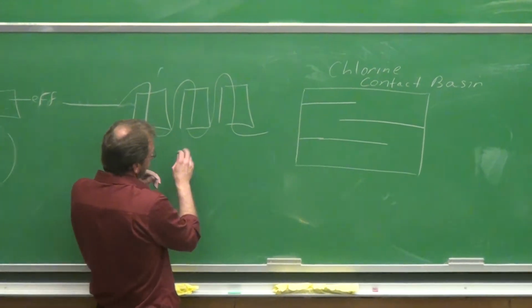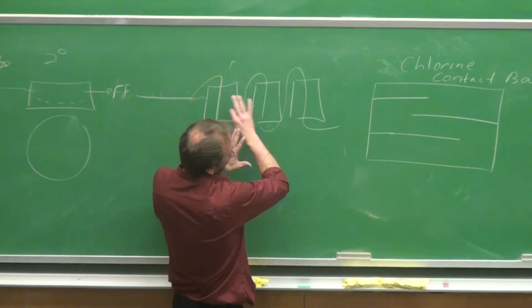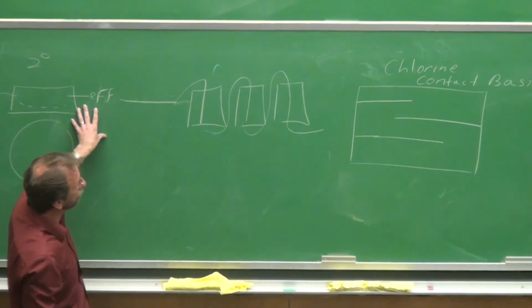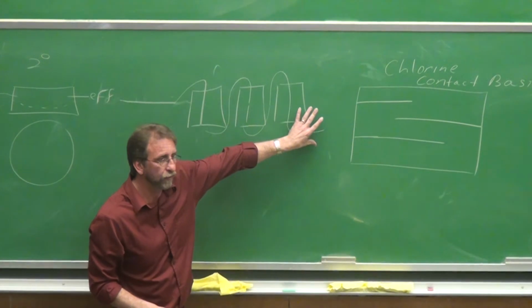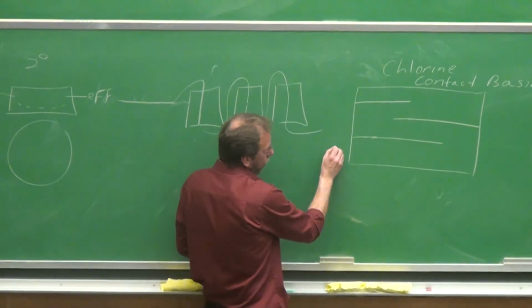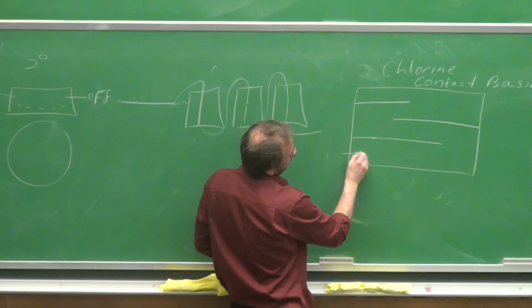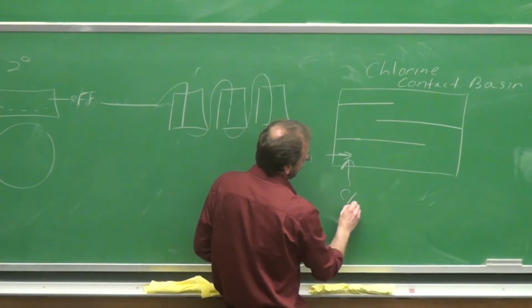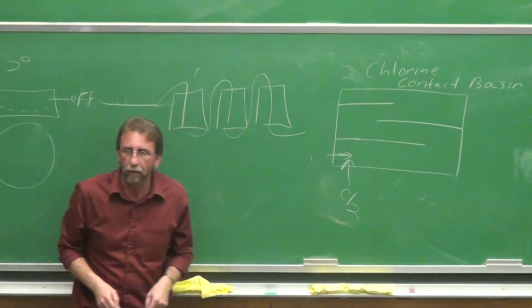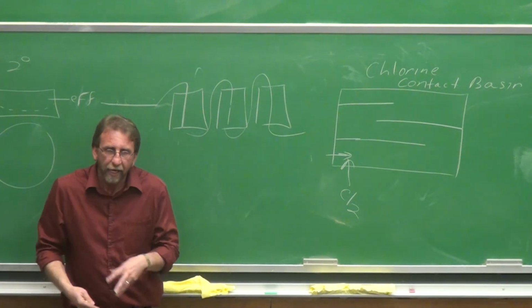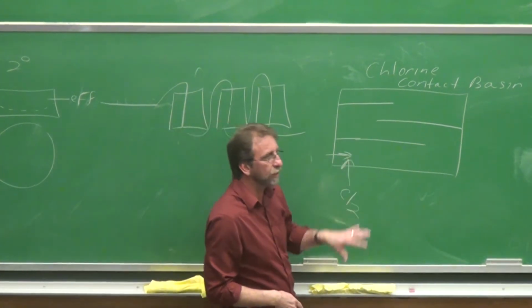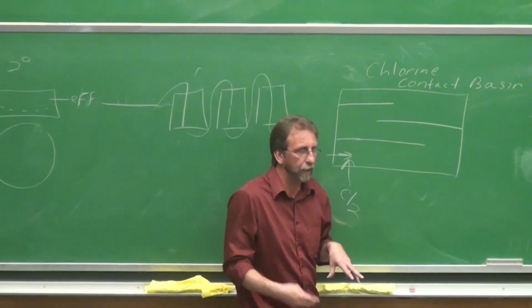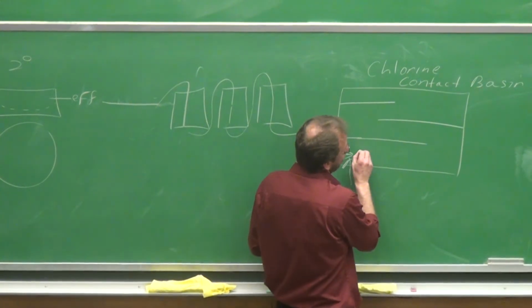So we've run the secondary effluent through our sand filters, removed a lot of the particulate matter. Now the water is going to enter into this chlorine contact basin, and we're going to be pumping chlorine into the water now. And it's going to be mixing up, and the hope is that the bacteria come in contact with the chlorine, and the chlorine kills the bacteria.